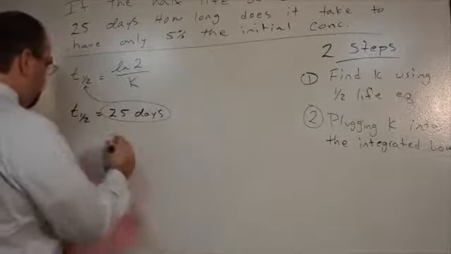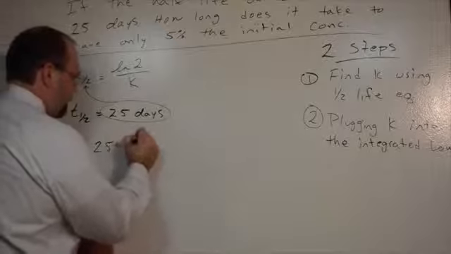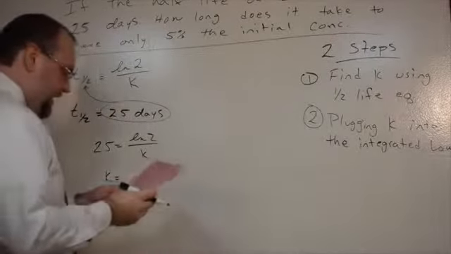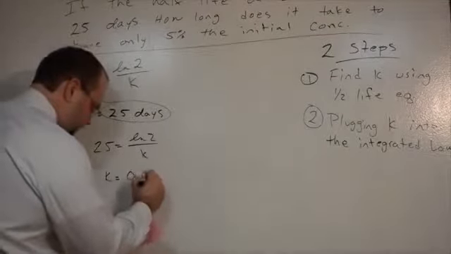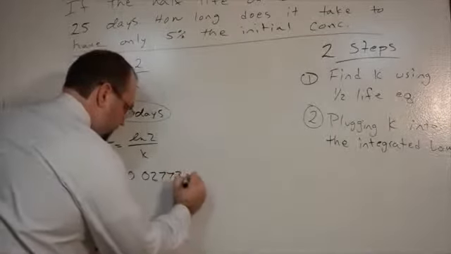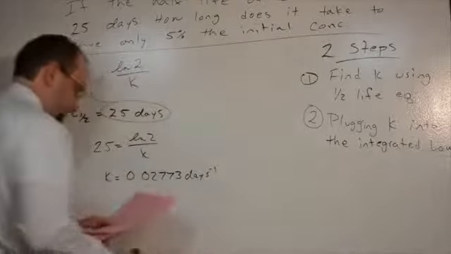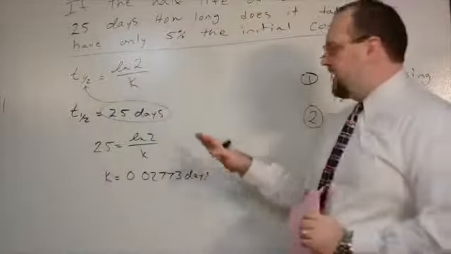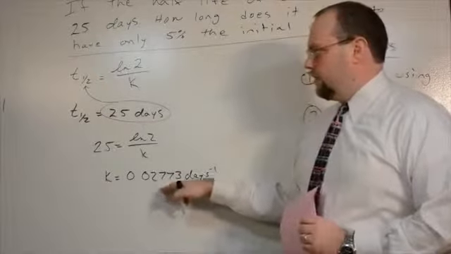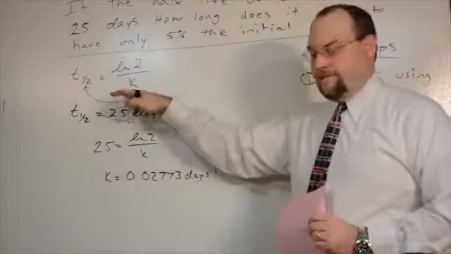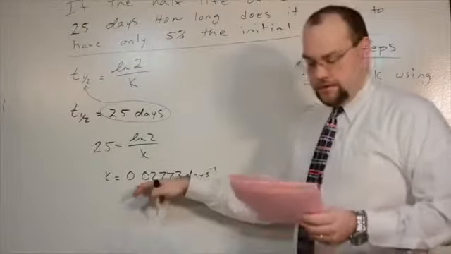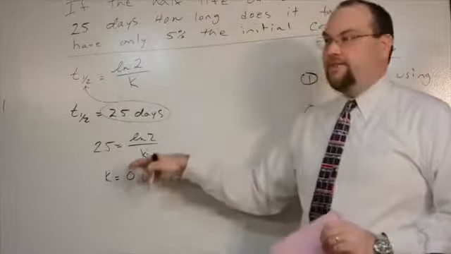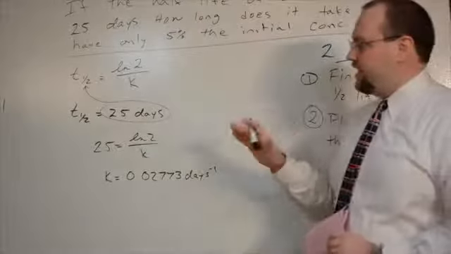I have 25 equals ln 2 over k, and then with a simple rearranging, I get k to equal 0.02773 days to the negative 1. That is my k value that I derived from my half-life that I can now plug into my integrated rate law.